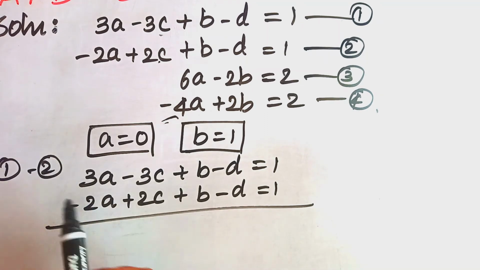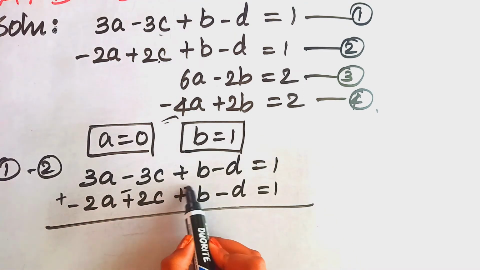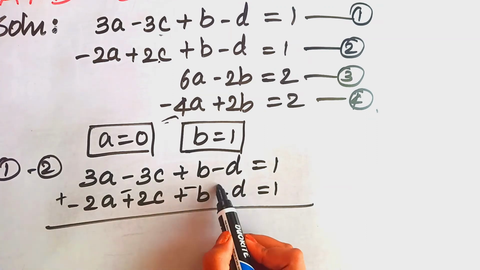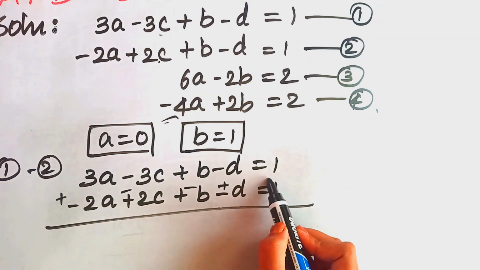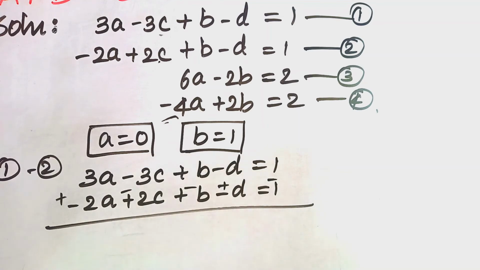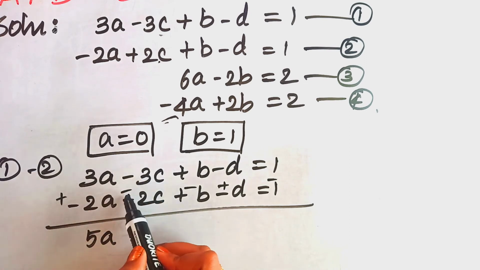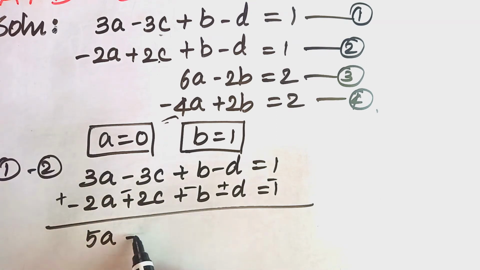Now we are subtracting the first and second equations, so the signs change: minus will be plus, plus will be minus, and finally this will be a minus. Here 3 plus 2 will be 5A, and 3 minus 3 minus 2 will be minus 5C.